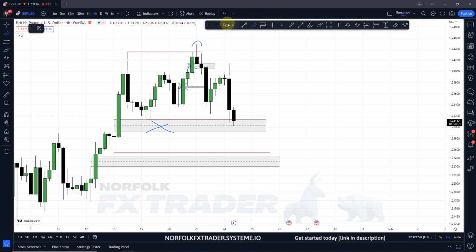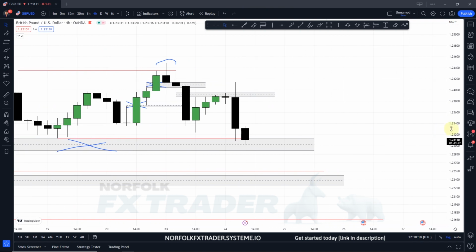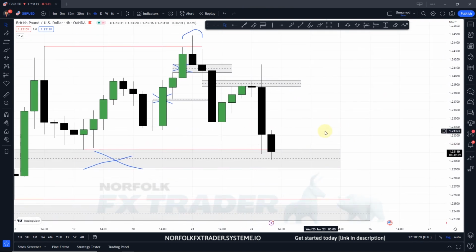And remember what I said, when we see an imbalance removed, as we saw down below here, it creates its own imbalance, just like the supply and demand does. And there we have an imbalance created after we removed this imbalance and this imbalance. Where did the market come back to? Now look at this. Once you understand the usefulness of an imbalance bias strategy, you can identify here, let's get my drawing tool, that we filled that imbalance here.